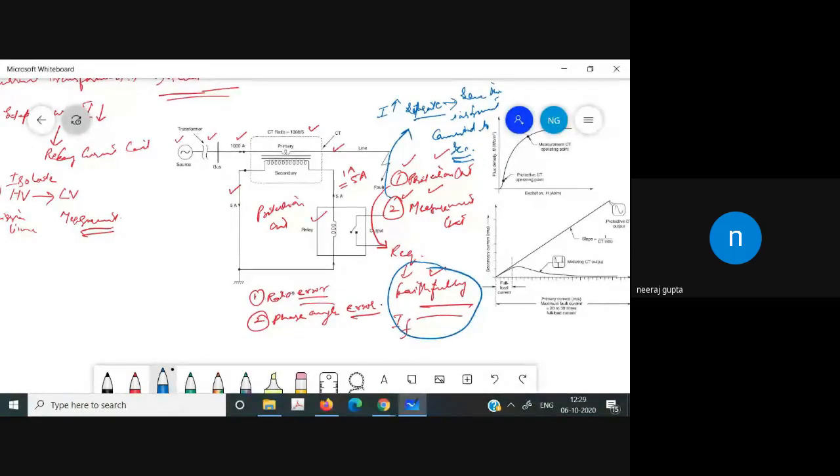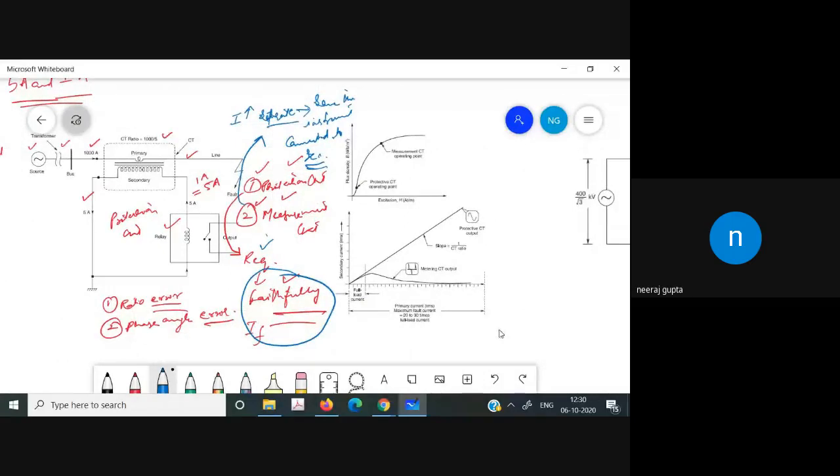The job of the protection CT is to faithfully reproduce the current, whatever be the current. If it is fault current, that's okay, because its job is to do the same. The second one is the measurement CT, which will saturate when the current increases after some value to save the instrument. Now, coming to the BH curve of these two types of CTs.